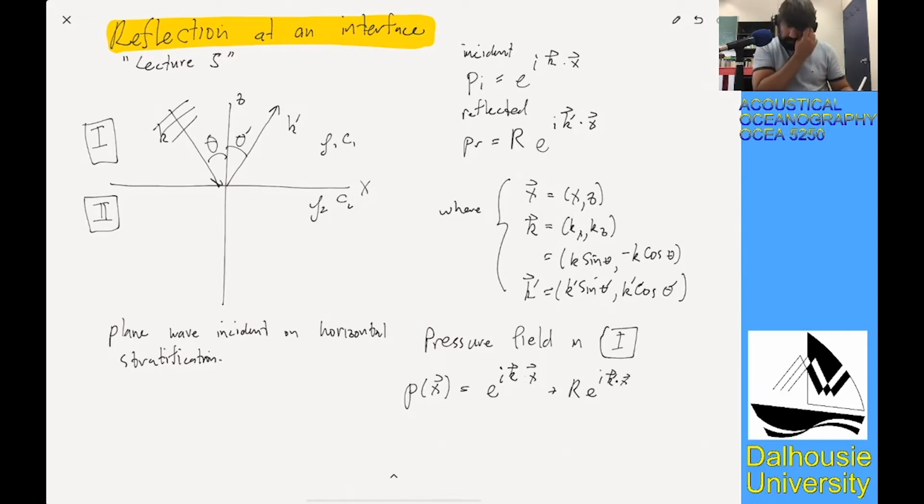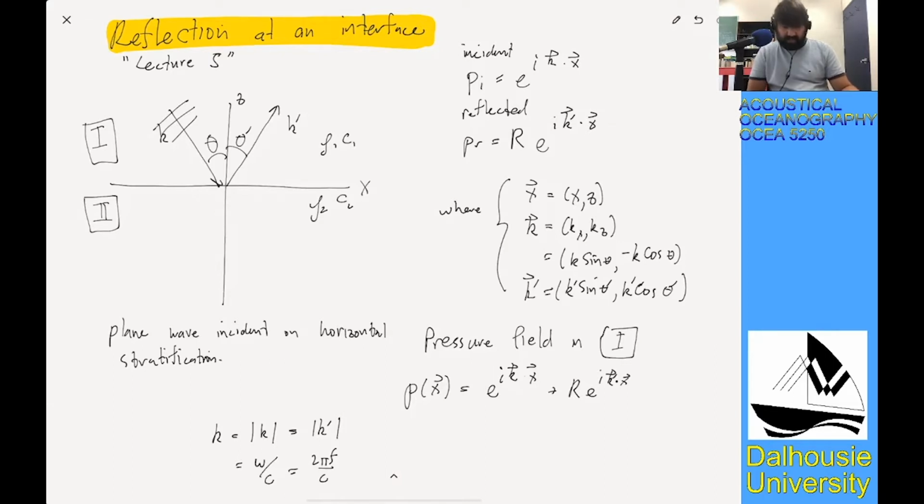Okay. And of course, remember we had this handy relationship. We said k is equal to the norm of k, and actually we know that it equals k prime. Why? Because this is equal to omega over c, or 2 pi f over c. And since c1 is the same everywhere in region 1, we know that k will be the same everywhere in region 1 as well, because the frequency is fixed.